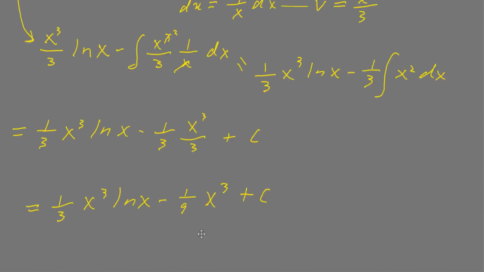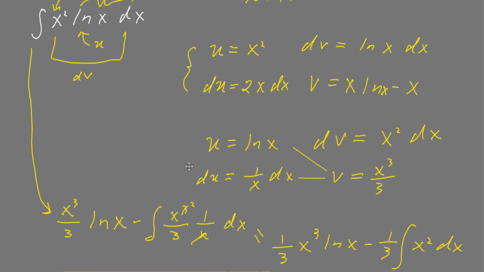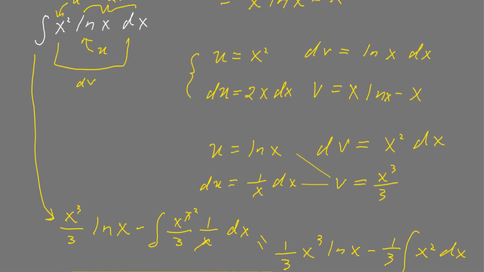Now if you were to go back for a minute and look at this original choice of u and dv, it turns out that this can actually be done like a type 3 problem, because when you calculate the integral, you'll have v times du, so you have this factor times this factor over here, which will give you x times x, which is x squared times natural log of x, so you get back this factor over here.